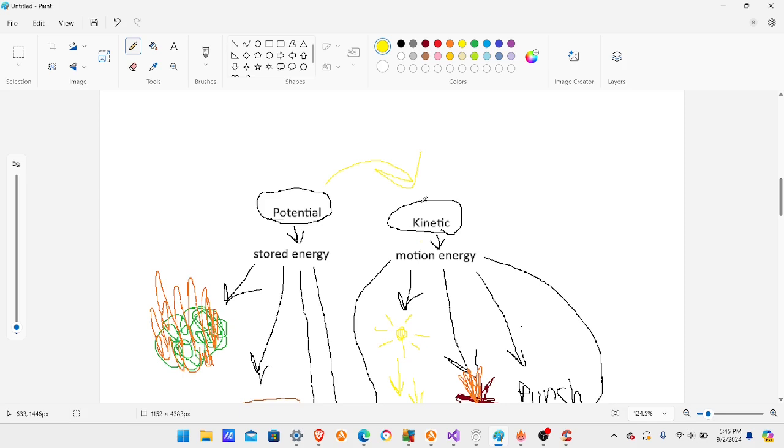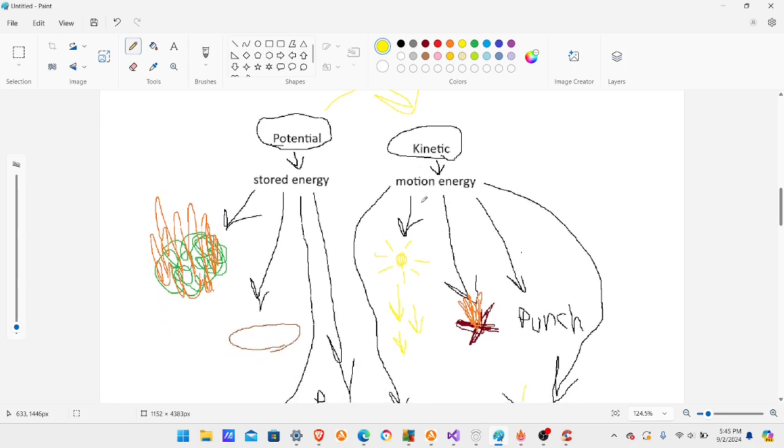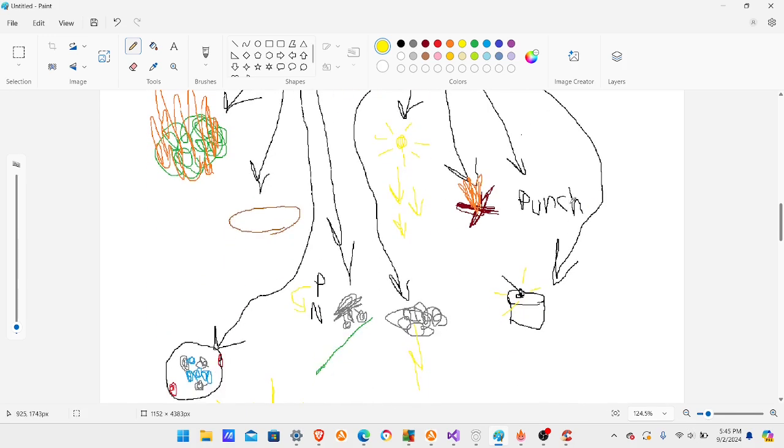Let's say, for example, I were to light some wood on fire. That would be thermal energy, right?